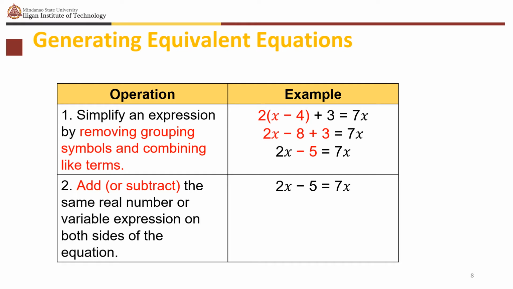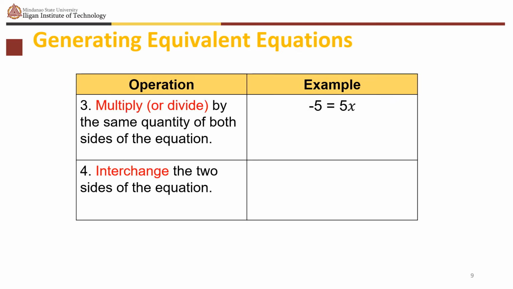Followed by, you can add or subtract the same real number or variable expression on both sides of the equation. This time, we subtract 2x on both sides to get rid of 2x here. So you'll have 2x minus 2x will give us 0. So negative 5 is equal to, we have 7x minus 2x is 5x.